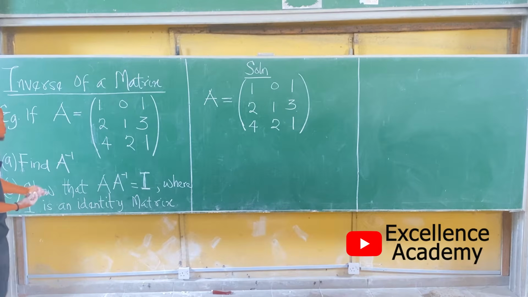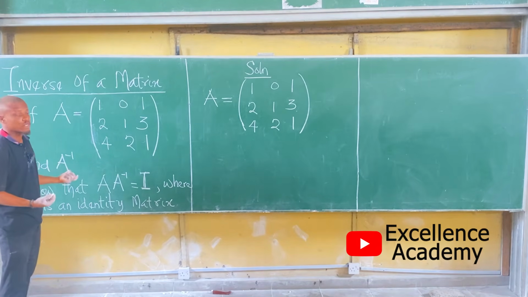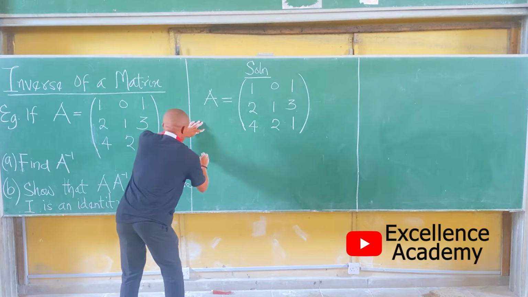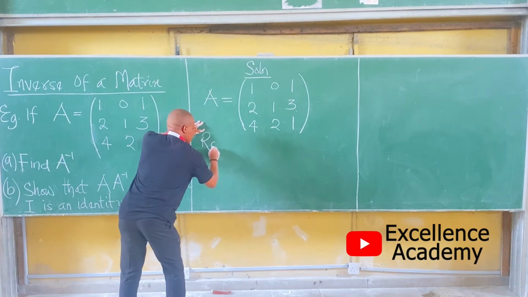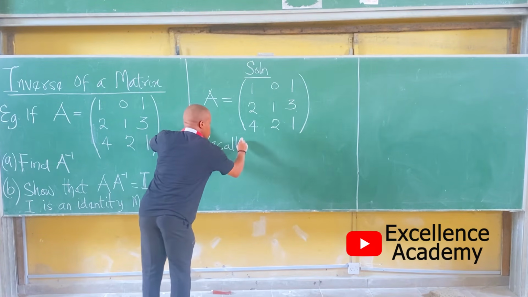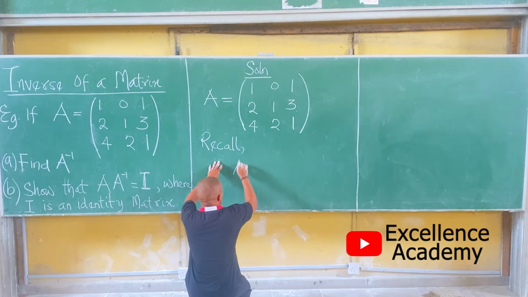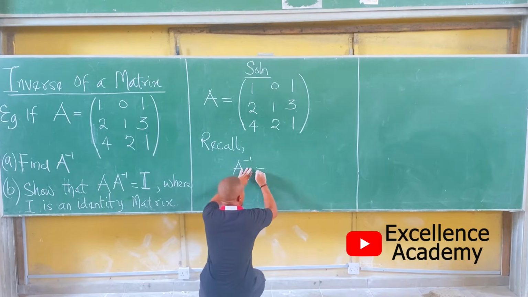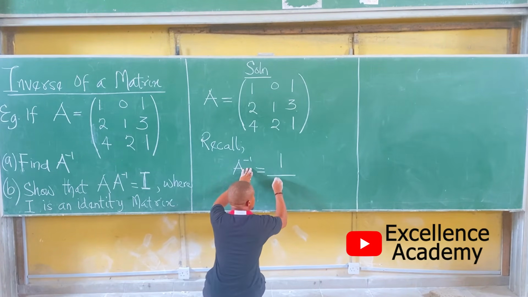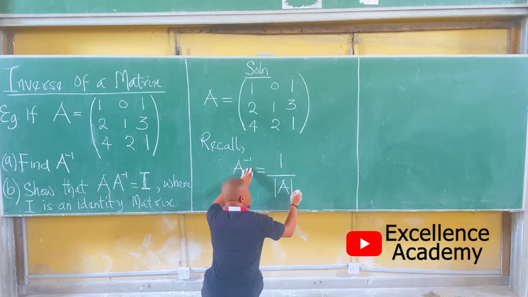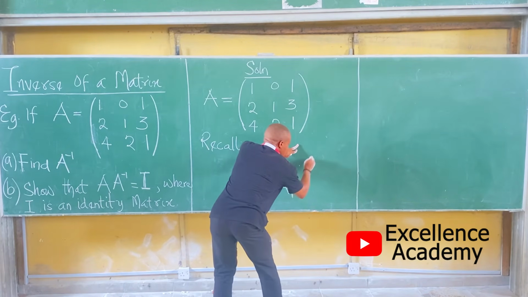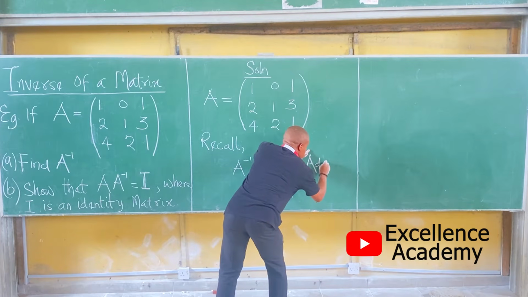We are asked to find the inverse. Recall that the inverse of a matrix is given as 1 over the determinant of the matrix times the adjoint of the matrix.